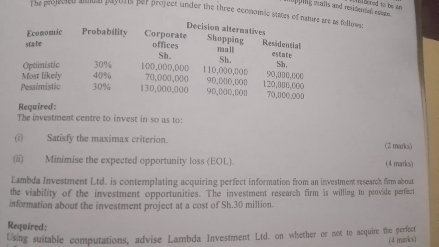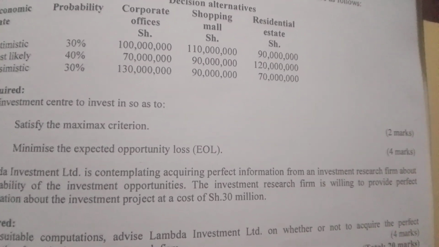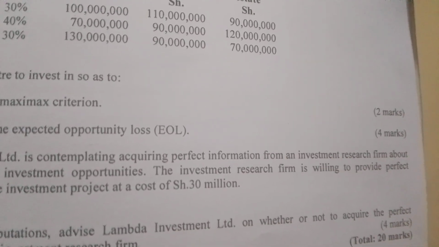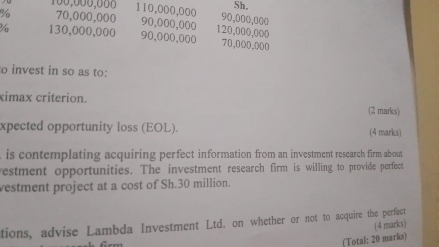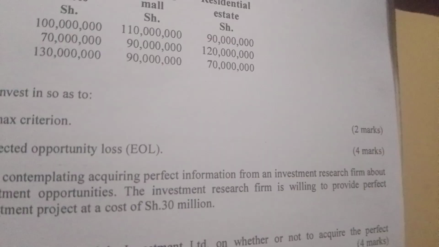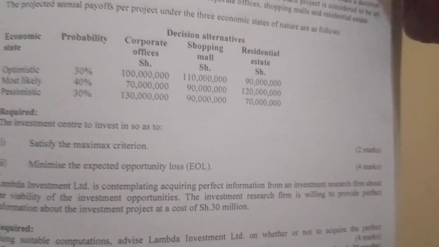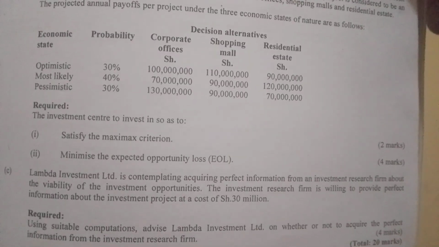The last one will be 130 minus 130, which is 0. 130 minus 90, which is 40. Then 130 minus 70, which is 60. So that is how you got those numbers which appear there.